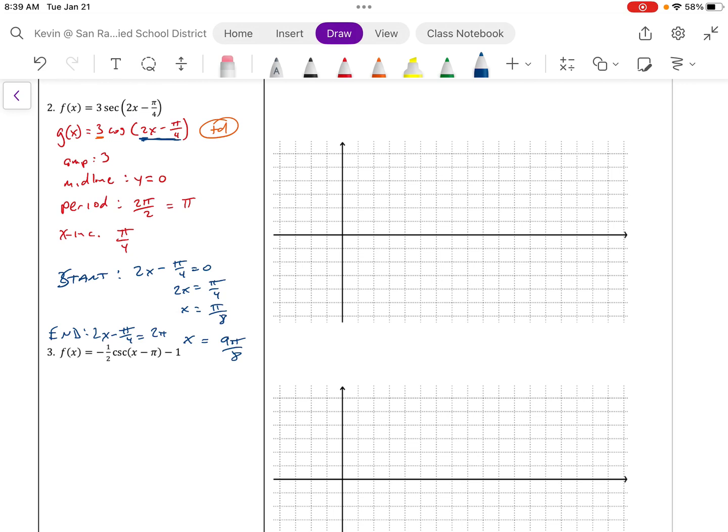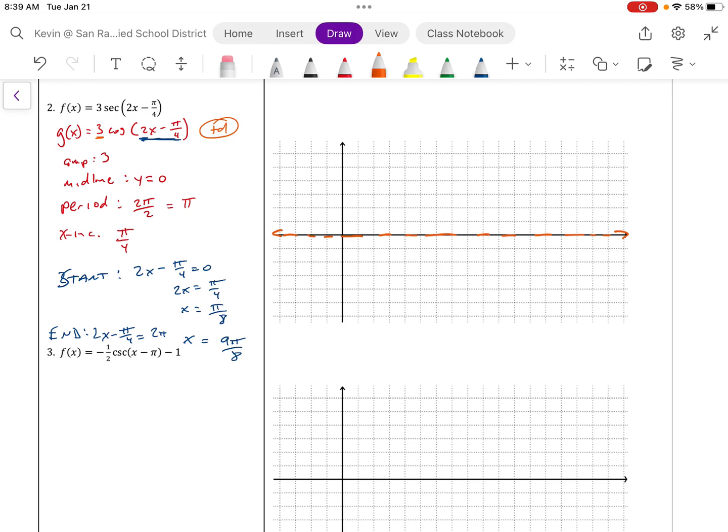Let's see. We figured our midline is at y equals 0, right? I'm just going to draw that in just so I remember it. So this is my midline. You don't have to draw the midline in. Okay. This is cosine, and it's going to start at pi over 8.